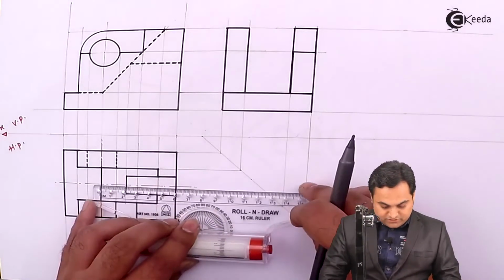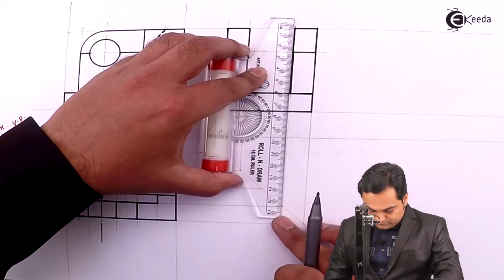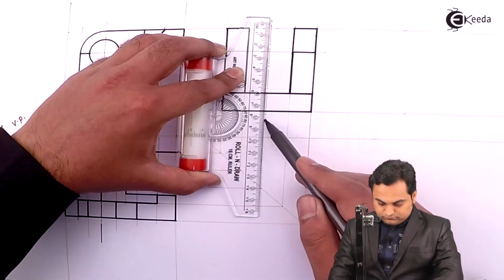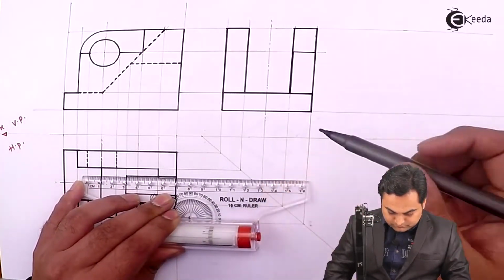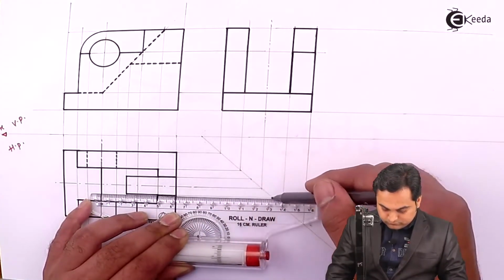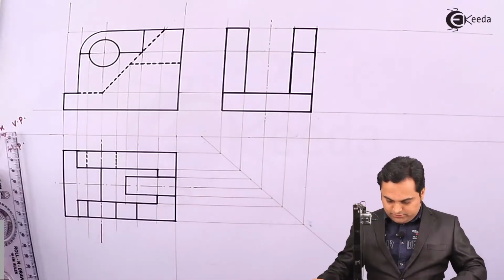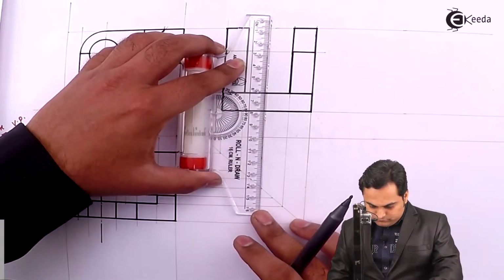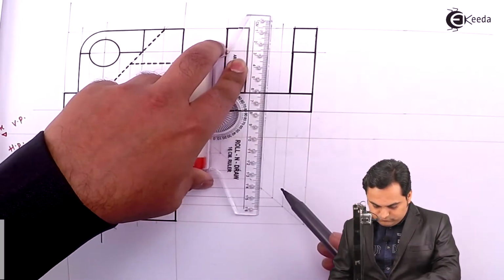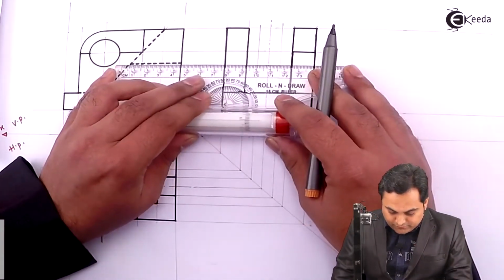For that, I'll first project the center line. So next, I'm projecting the cut in the side view. And its height is here in the front view.